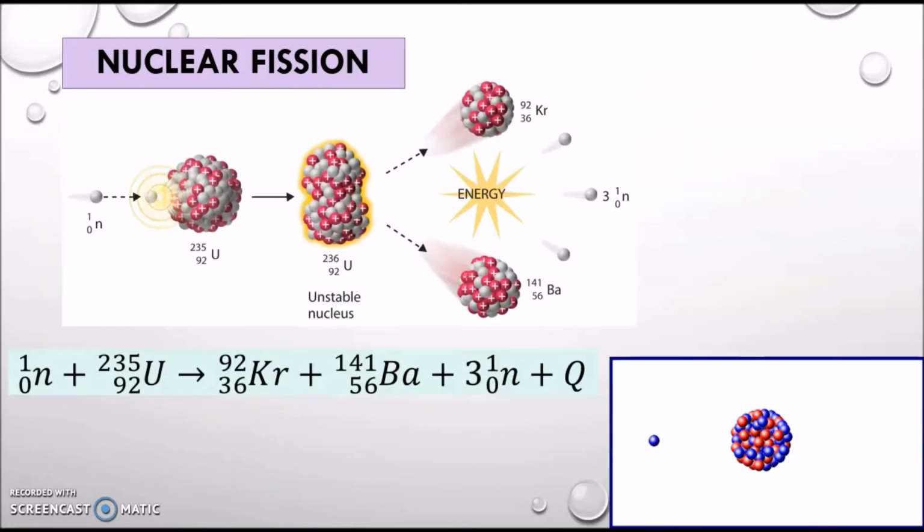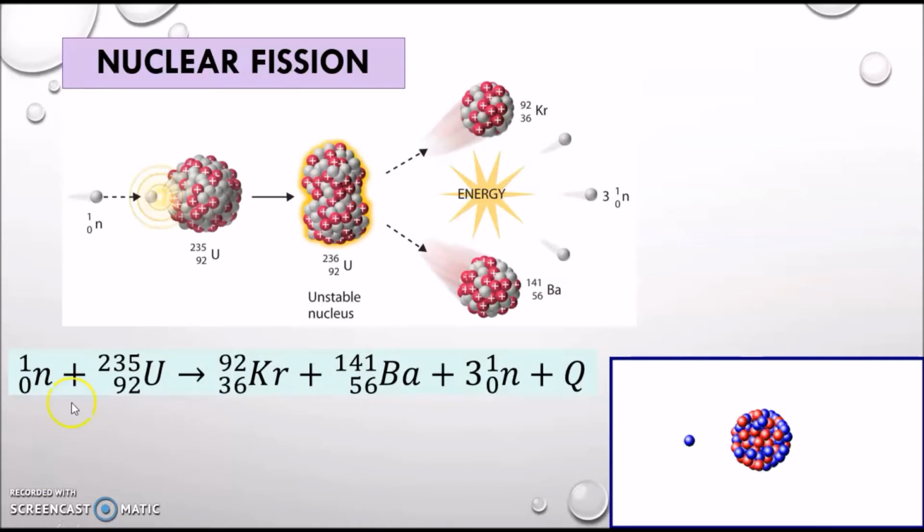For the example of nuclear fission, we have a neutron particle bombarding a uranium, and then it will make the uranium become unstable, and then it will split into krypton and barium. It also will produce 3 neutron particles. At the same time, it will release energy.